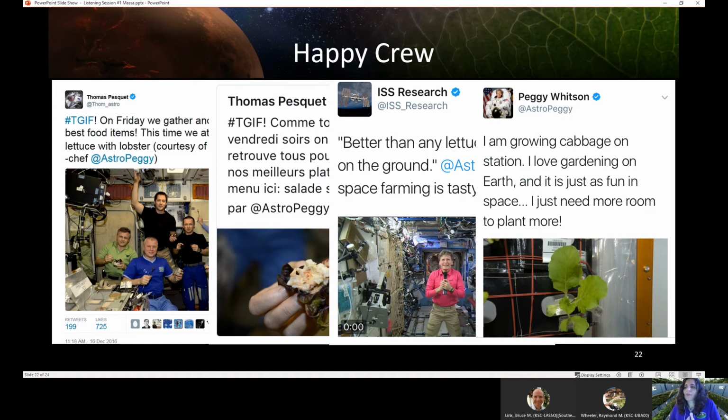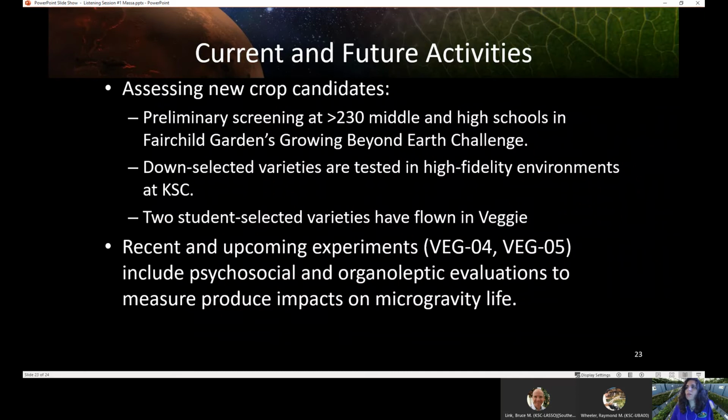So we've gotten a lot of great anecdotal evidence like this over the years from the astronauts, and now we're actually trying to get quantifiable data in this area. So currently and in the future, we're assessing a wide variety of new crop candidates, both leafy crops, fruiting crops, leguminous crops, herbs. We do preliminary screening with school children.